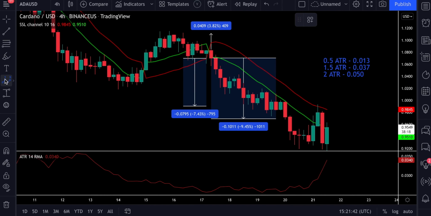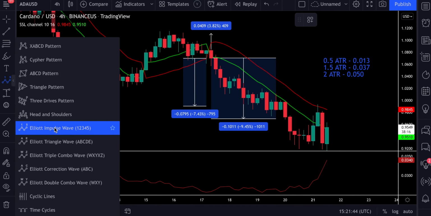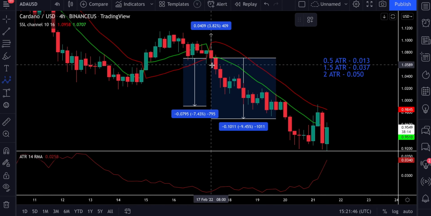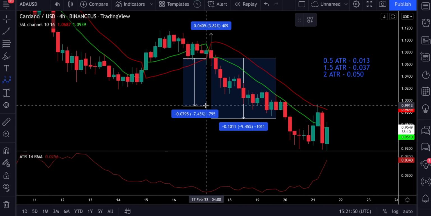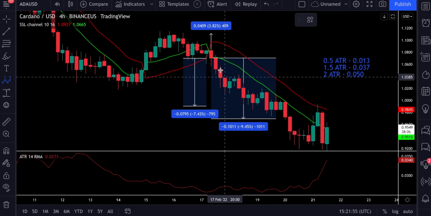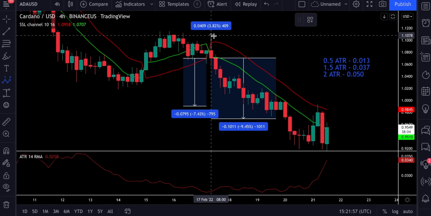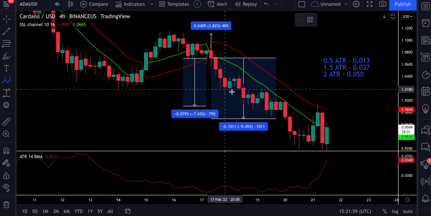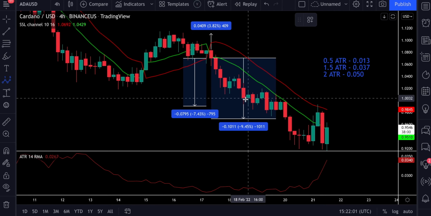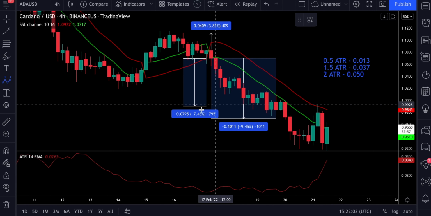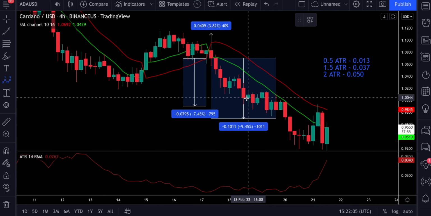So let's, for example, take this Elliott impulse wave and see. Okay, so this is the entry price. Here's the take profit level. Obviously, you weren't adjusting the stop loss. You just kept your stop loss right there. You didn't move it, and you just waited until your price hits the take profit level. Okay, so let's just assume it didn't.